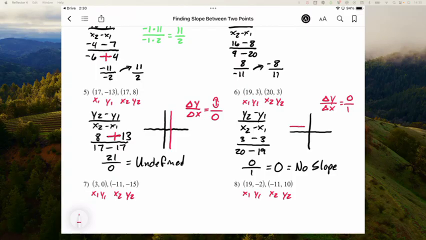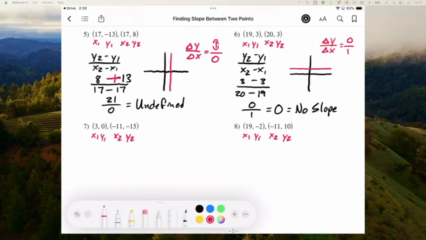Now go to the right another one, up and down 0 to the right 1, up and down 0 to the right 1. So when we have no slope, we do have a change in x, but there is no change in y. So number 5 and 6 are unique ones that will almost never appear, but it is important that you see them and understand how that works.